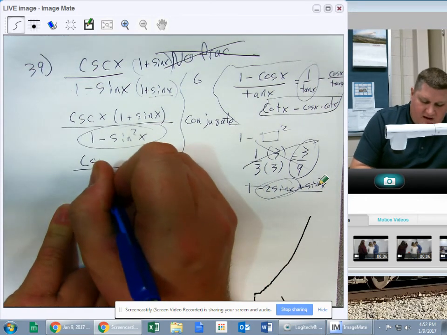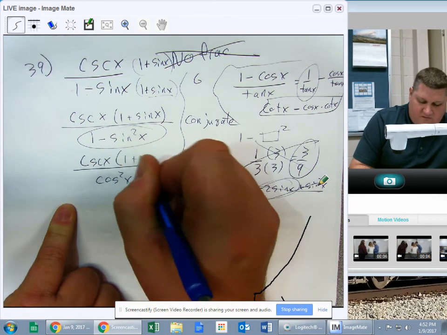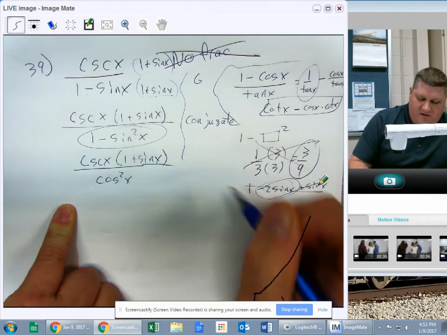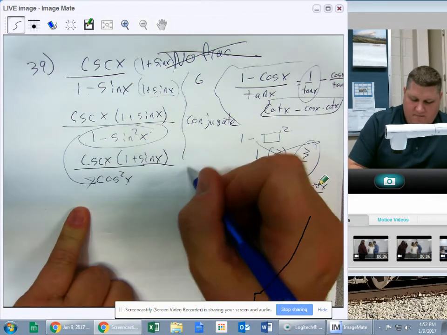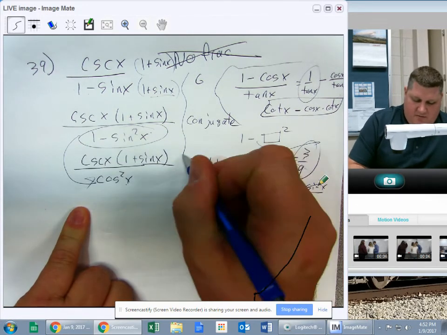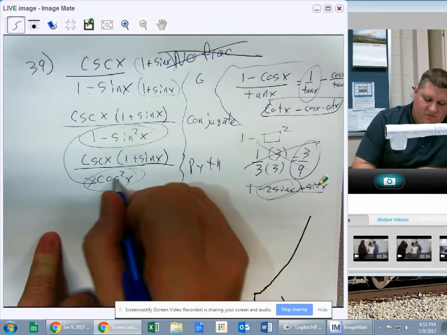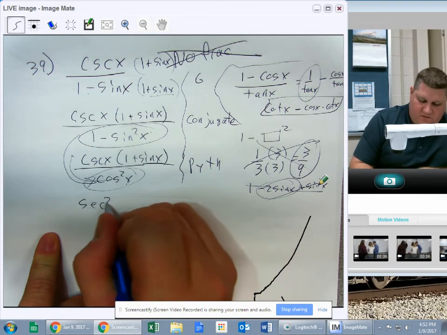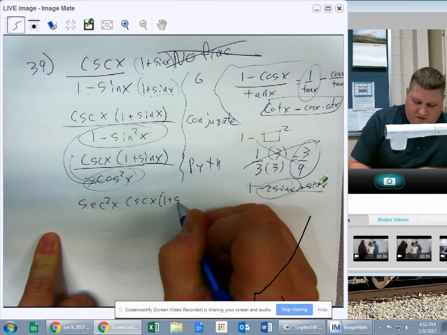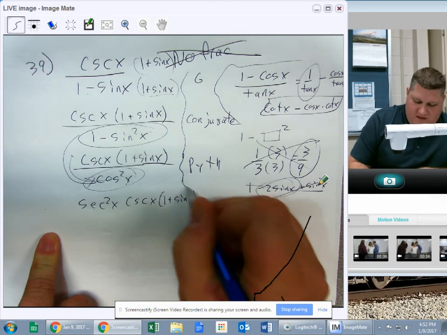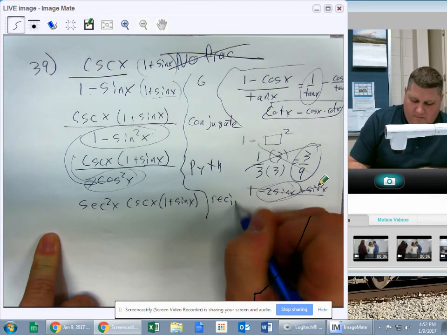Cosecant x and 1 plus sine x. Now, in this case, we use the Pythagorean theorem. And by using the Pythagorean theorem, now I can take this and move it up top and call that secant squared x, cosecant x, parentheses 1 plus sine x. And that was by reciprocal.